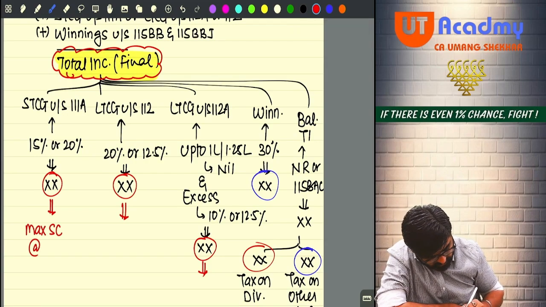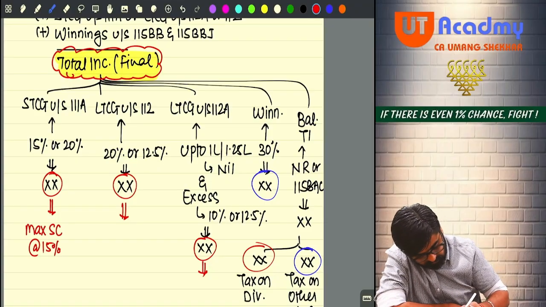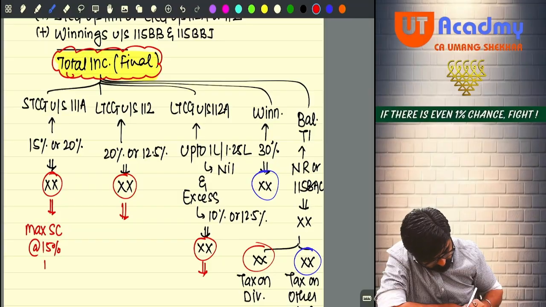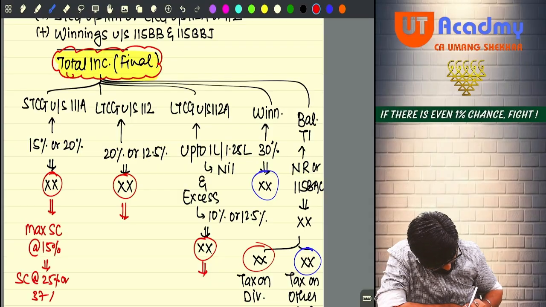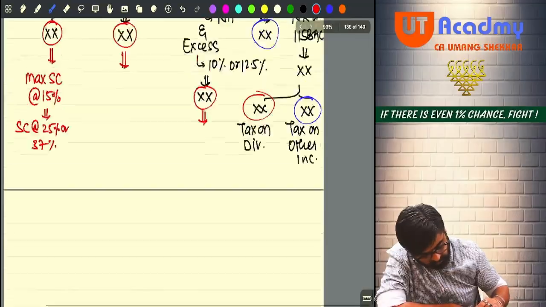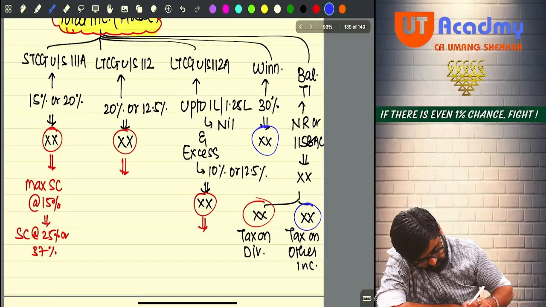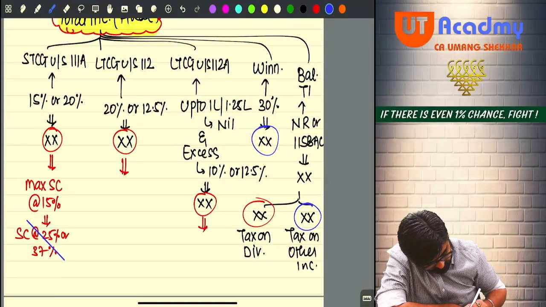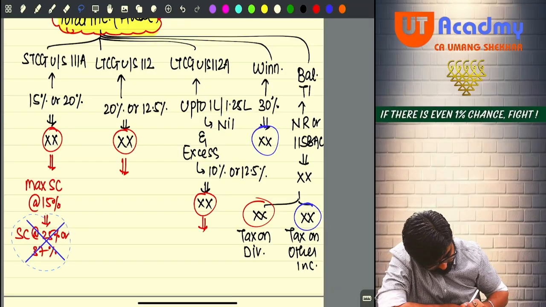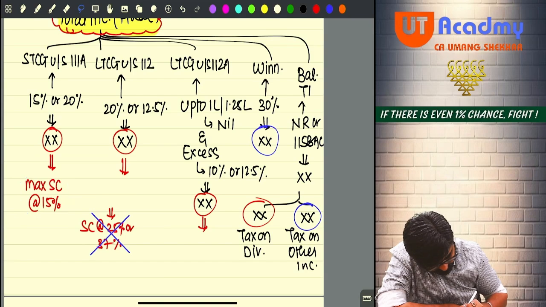See, here I will write down maximum surcharge at 15%. Surcharge at 25% or 37%. Applicable or not applicable? Not applicable. Wait, I'll do this.